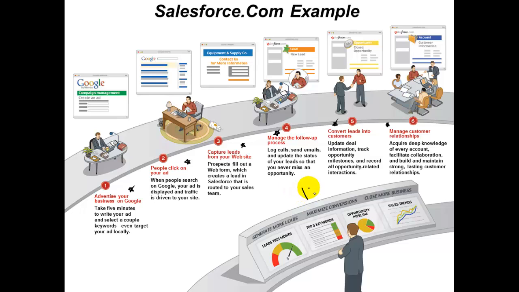This is the analytical part. We have this kind of digital dashboard. This is more like a command center. So a sales department manager or marketing manager can actually look at various performance indicators.